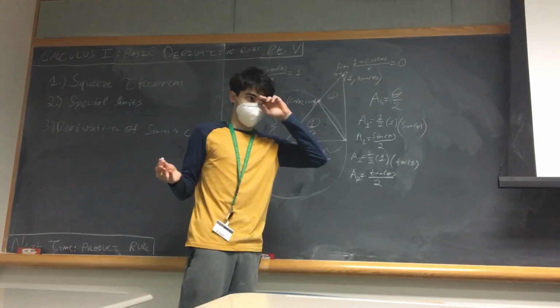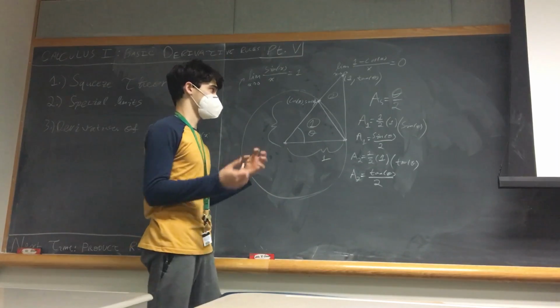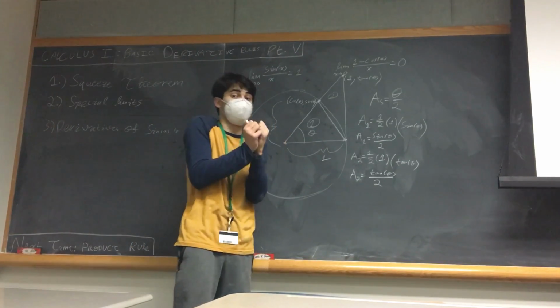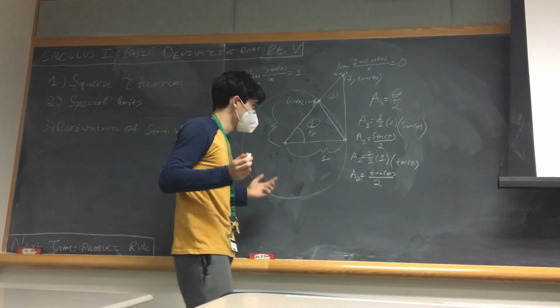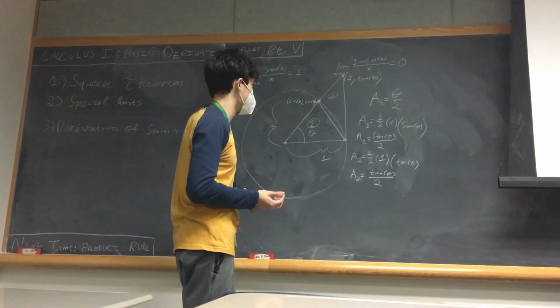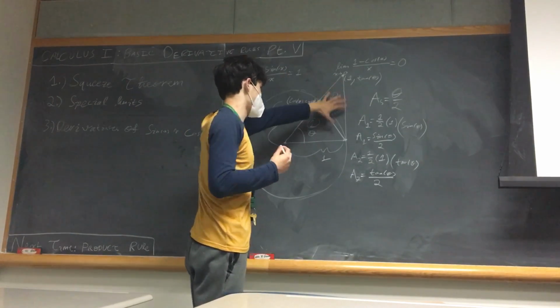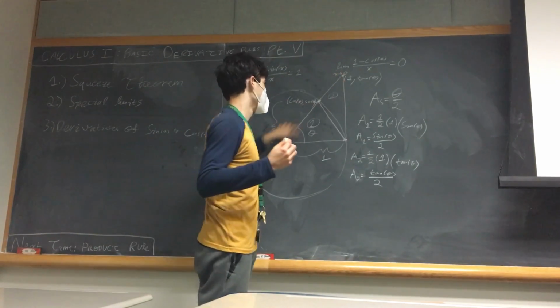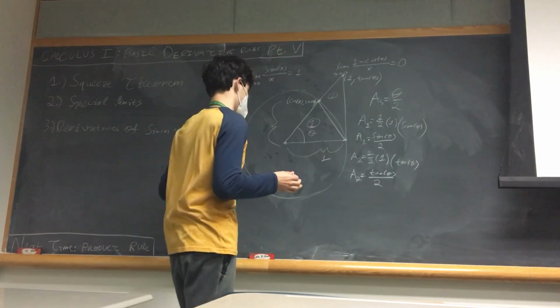So now we want to create an inequality. We want to squeeze something. So in this case, we know that the area of this triangle 2, this big triangle, is going to be the biggest out of all of the areas.